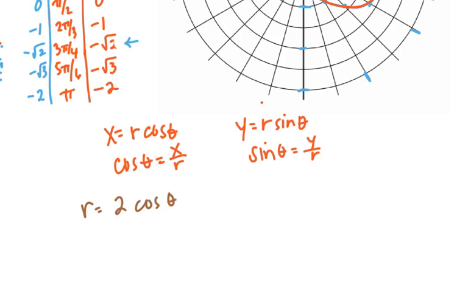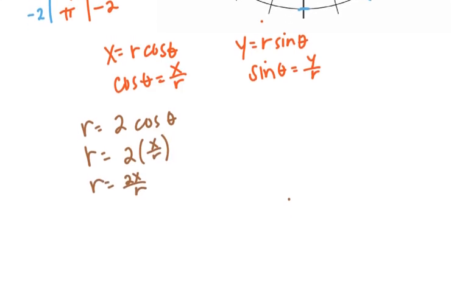we have r equals 2 cosine theta. Then that means that we can say that r equals 2 times x over r. So r equals 2x over r. So r squared equals 2x. Now we know from the other equation that r squared equals x squared plus y squared.